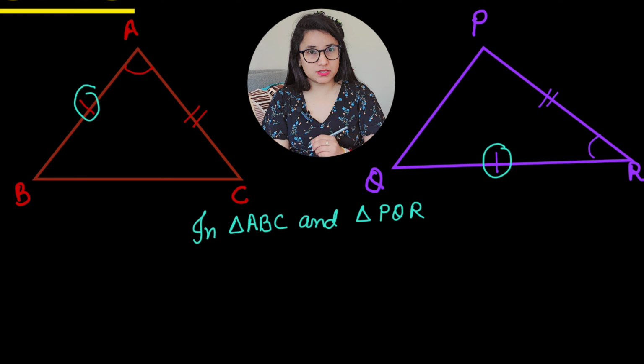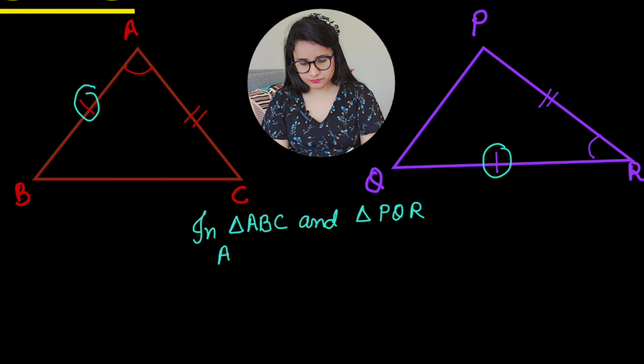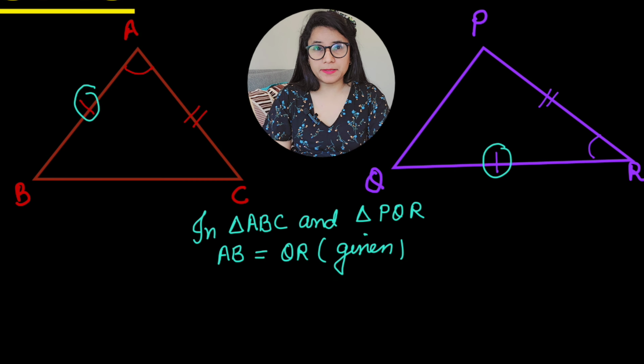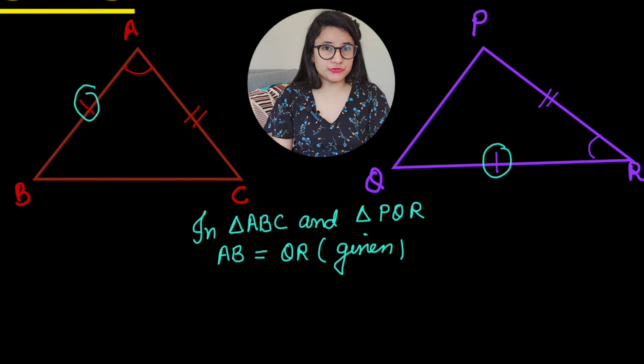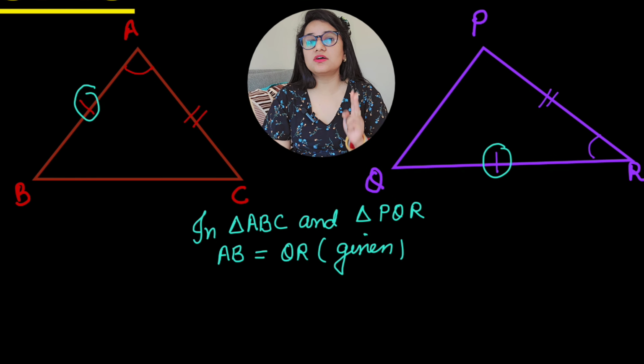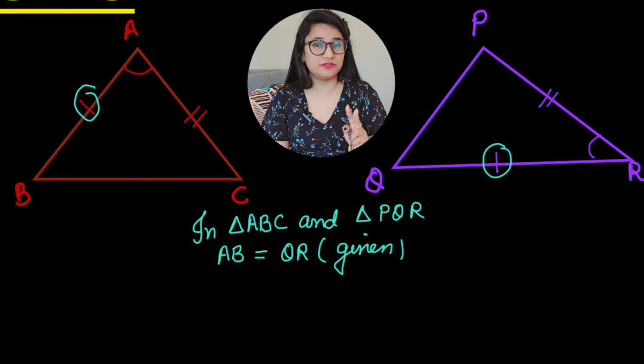Right? Now if you see the triangles carefully, where is this one dash on the other side? Exactly, it is QR. So we will write down AB is equal to QR. And what is the reason here? It is given. Now, I must tell you one thing. In all the questions that you do, in 90% of cases, two things are always given in the figure.